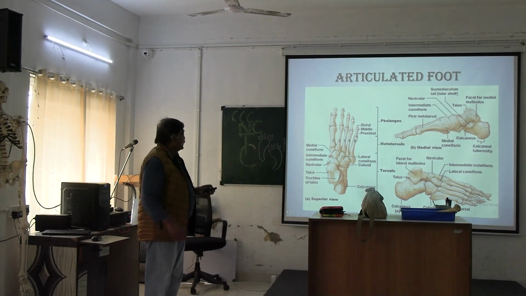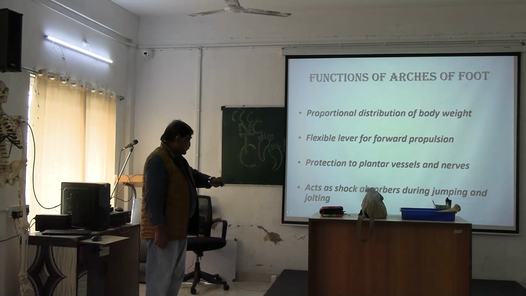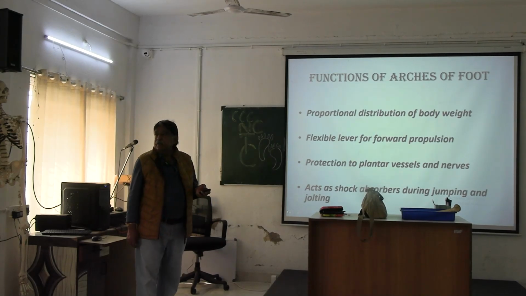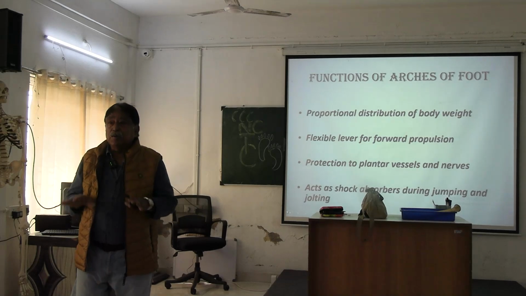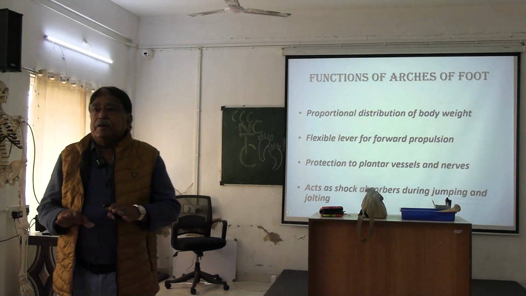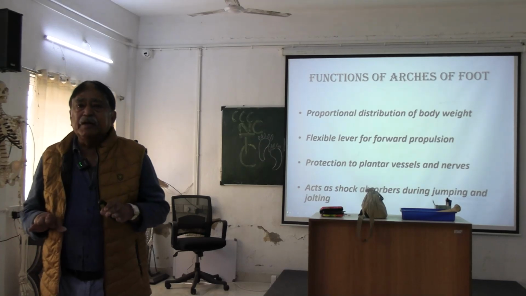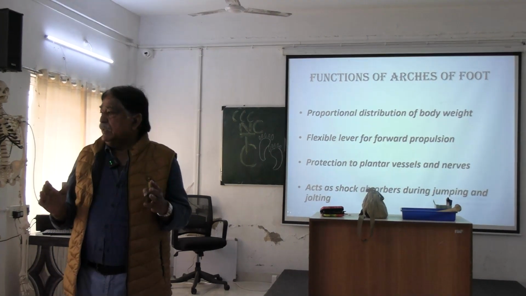Now, this is the whole bony unit. Now, functions of the arches of the foot: proportional distribution of the body weight. That's what I was telling you about the foot. Now the impression, Lakshmi's foot: each one has a different arch, each individual is different.